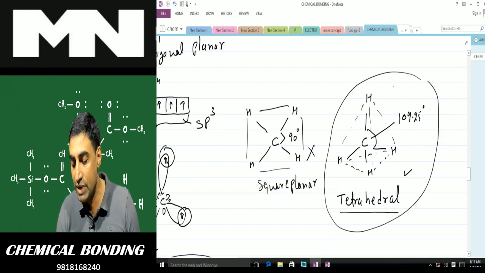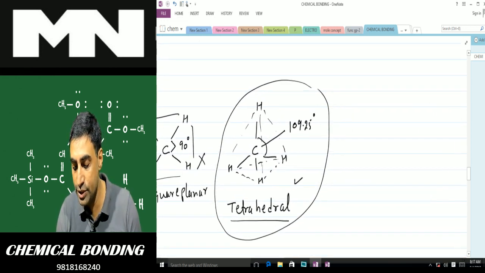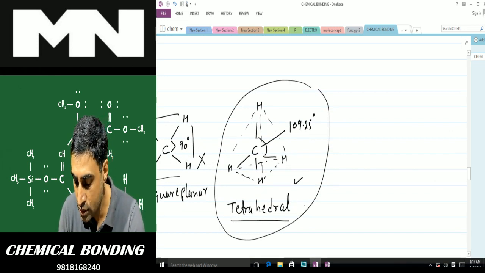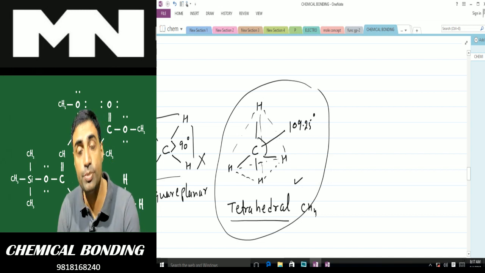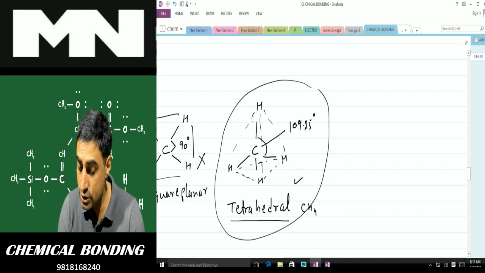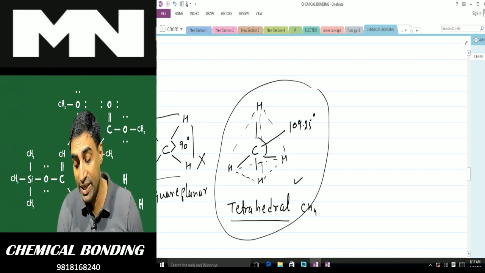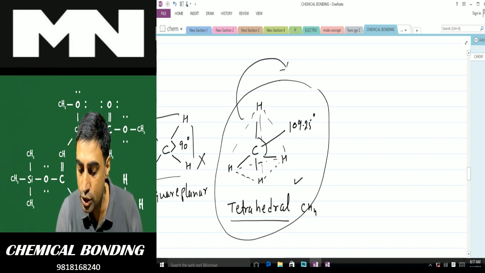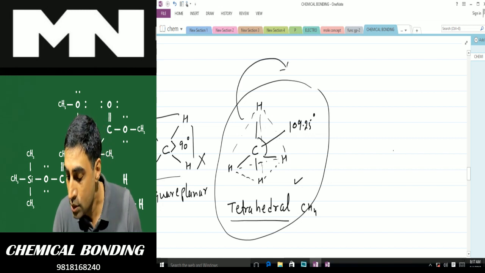So whenever you have alkane, I'll add one more example into this. Here you have methane, CH4. Suppose you have C2H6, ethane molecule. We bend this molecule, suppose I am rotating this molecule in clockwise direction.